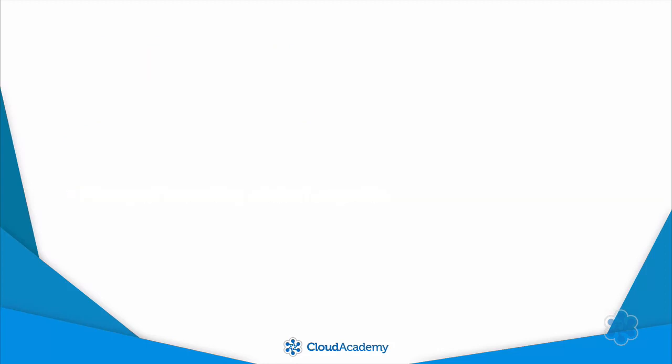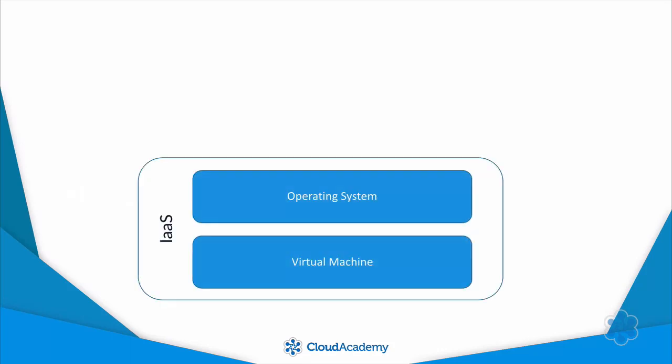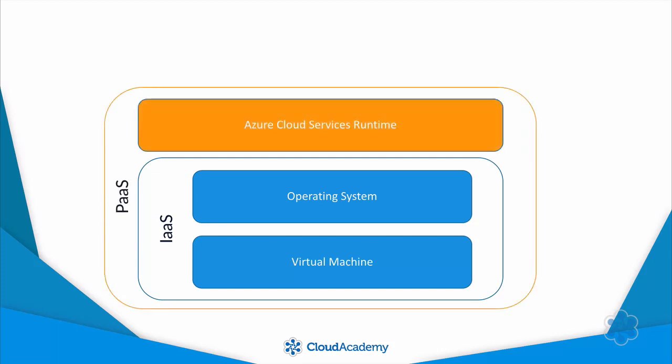Let's briefly look at the visual representation of a cloud service. Firstly, cloud services run on a virtual machine. Incidentally, you can log into the virtual machine if needed, although as we'll see, this is rarely needed. On top of this virtual machine, we have an Azure Cloud Services runtime.